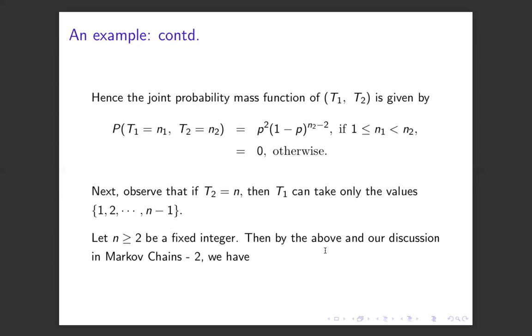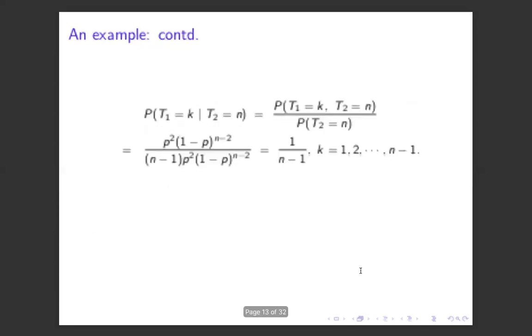That be fixed. Then by our discussions of the previous few classes, we have probability T1 equal to K given T2 equal to N is by definition probability T1 equal to K and T2 equal to N divided by probability T2 equal to N. The numerator we have from the previous page, and for the denominator you can look up our notes or your slides or whatever notes you have taken during the class.